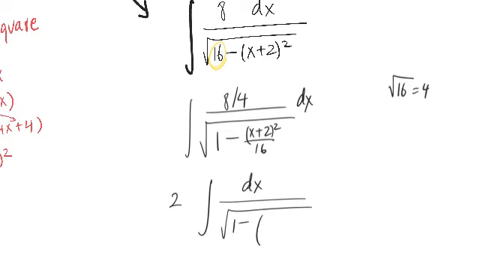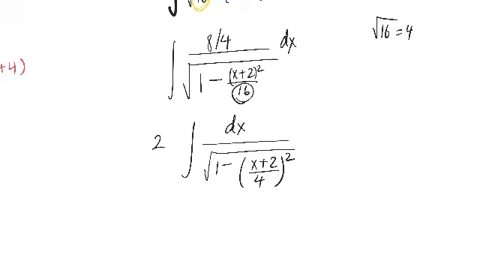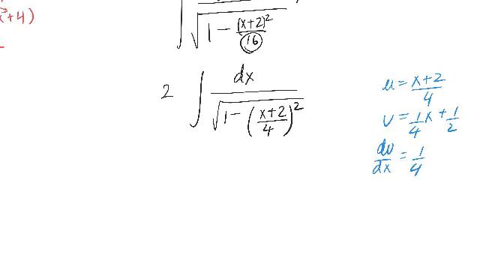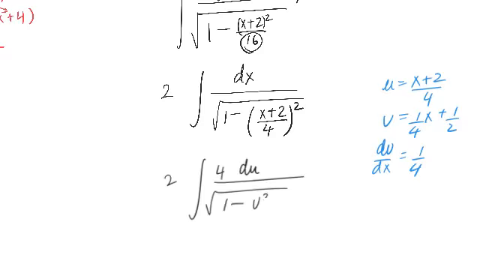Now this looks like what I want to see before my u substitution. I'm going to put the 16 into the squared and write it as 4 squared. So u now has to be equal to x plus 2 over 4, which is 1/4 x plus 1/2. So du dx is equal to 1/4, and dx is equal to 4 du. So I'll have a 4 du here, and then square root of 1 minus u squared here.